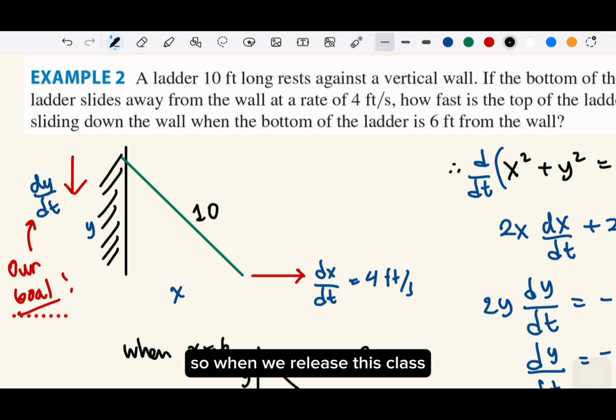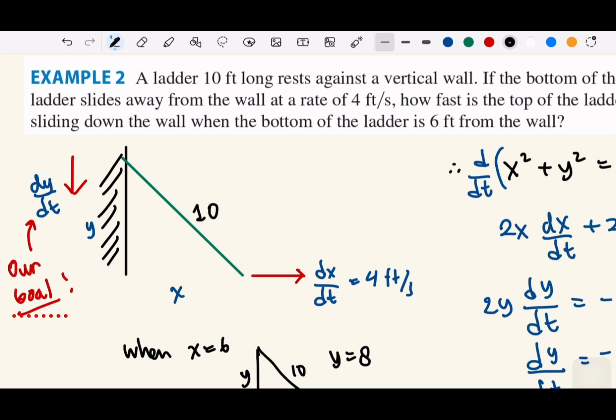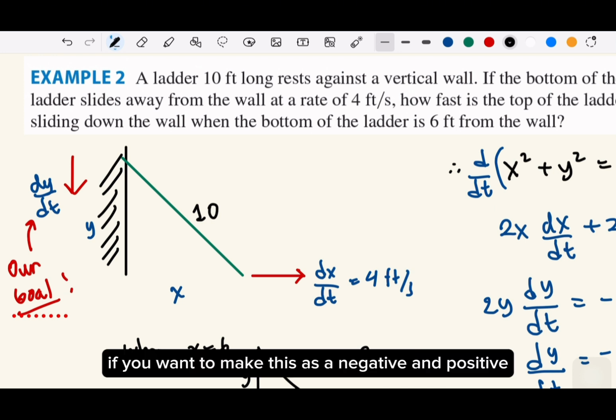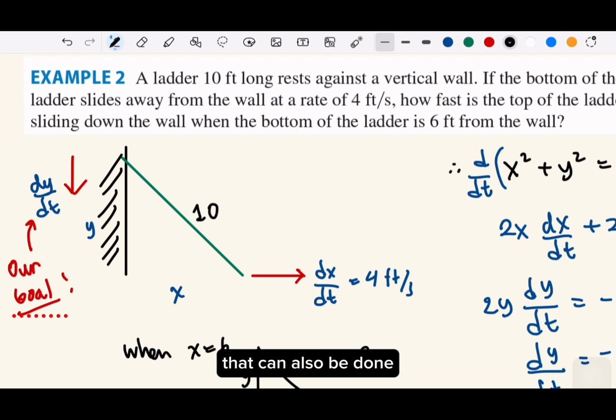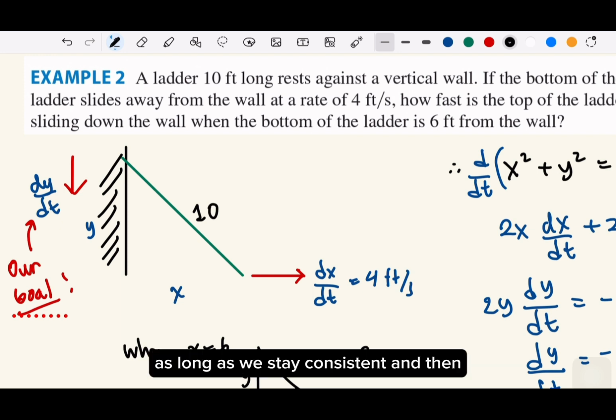So when this is plus, this is going to be minus. But interestingly, in a weird way, if we want to make this negative and this positive, that can also be done, as long as we stay consistent and then the conclusion is still the same.